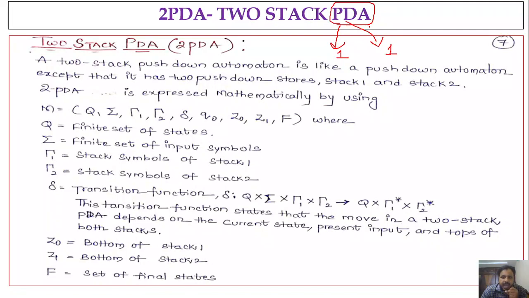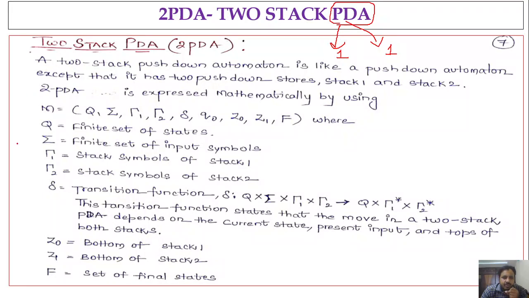So adding this additional stack improves the power of the PDA. We will see that this two-stack PDA can accept context free languages and also context sensitive languages, recursively enumerable languages, and more than that.